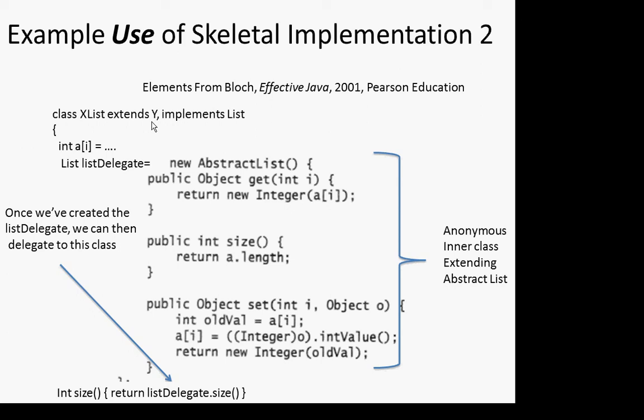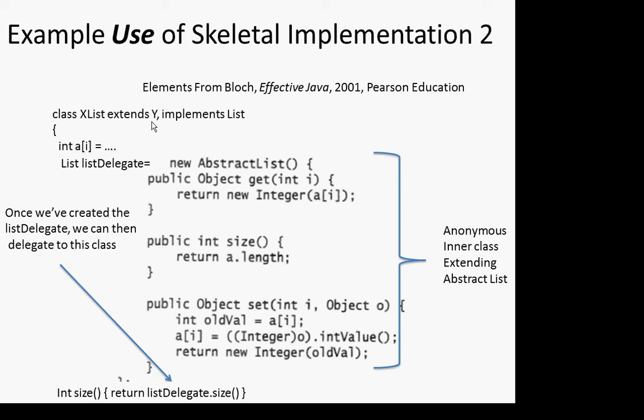Well, we say X list extends Y, but it implements List. What is List here? It says implements, so it's an interface, yeah. And then in the actual code for this, ladies and gentlemen, we just create a wrapper class. Remember we saw the wrapper classes last time? All it does is delegate.